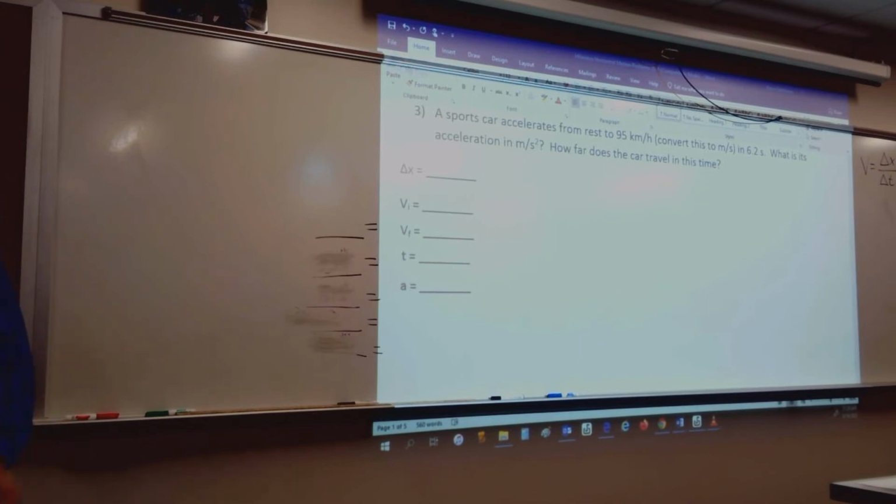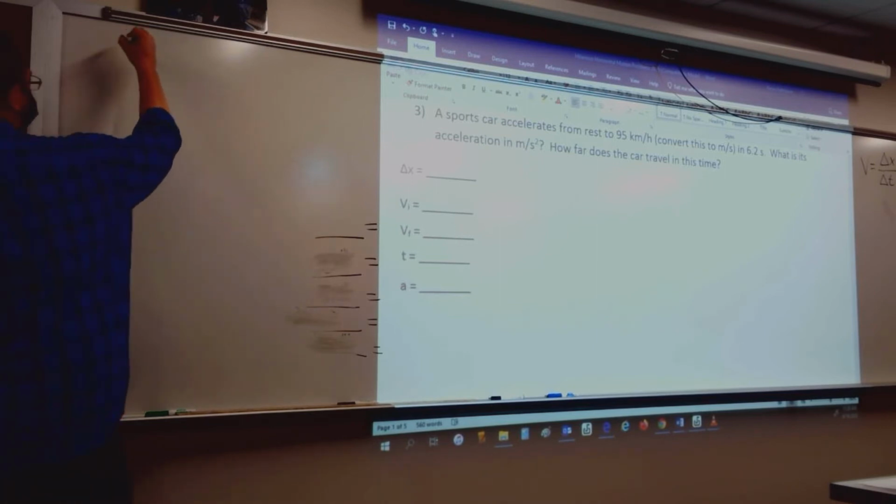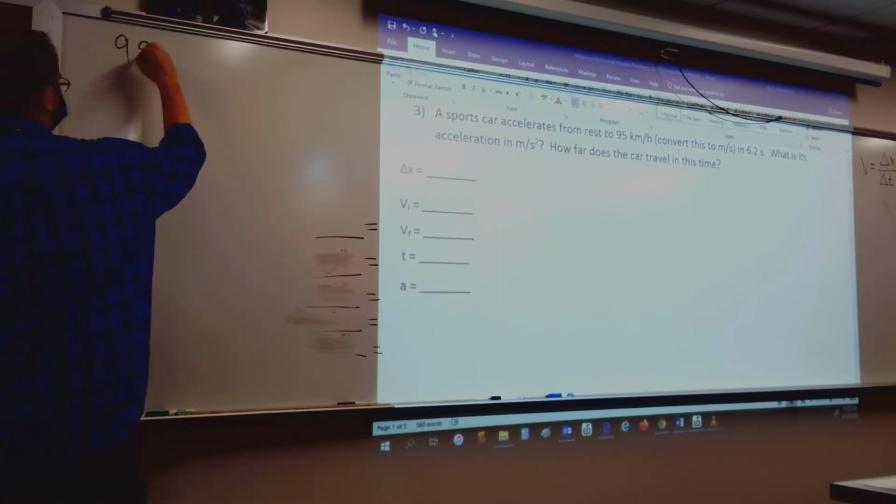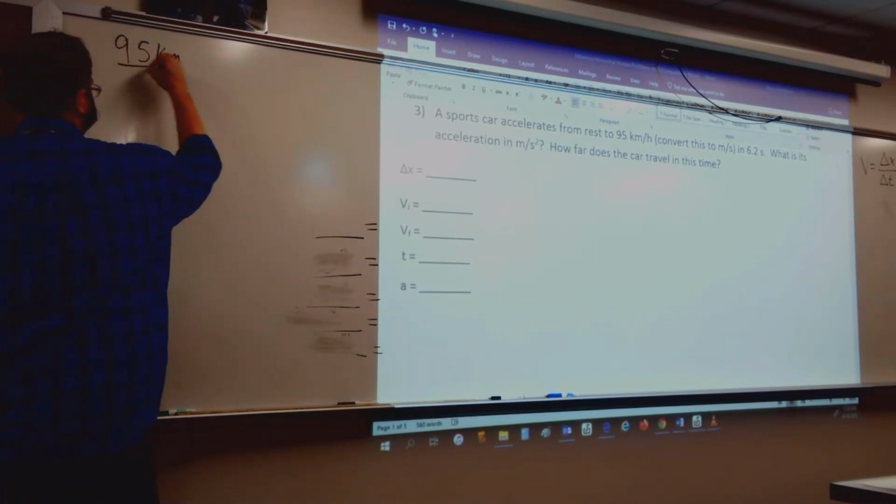So first we need to convert the 95 kilometers per hour.